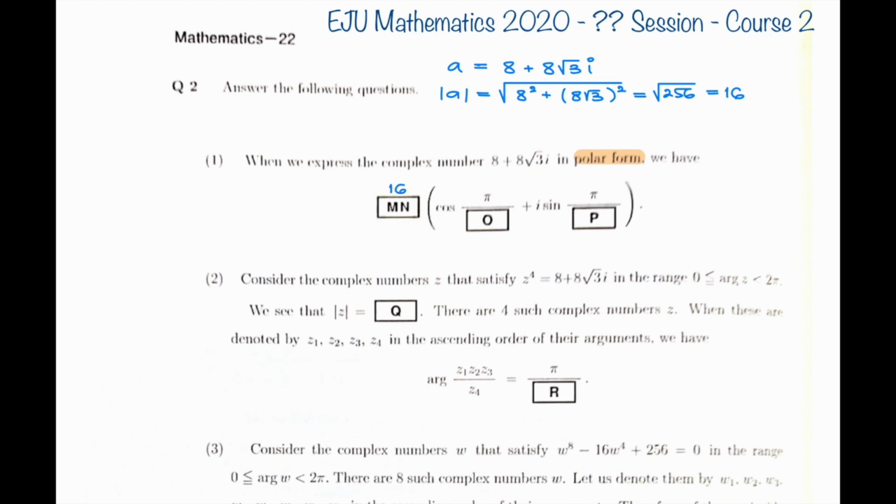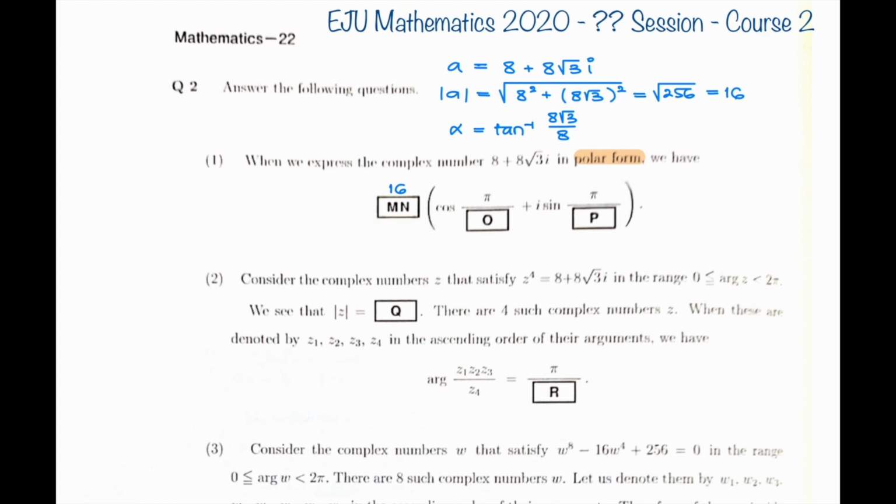And then, to find the argument of a complex number, you can use the formula. I usually write the argument as alpha. The argument of a complex number is basically tan inverse of the imaginary part over the real part. So the argument of A is 8 square root of 3 divided by 8.